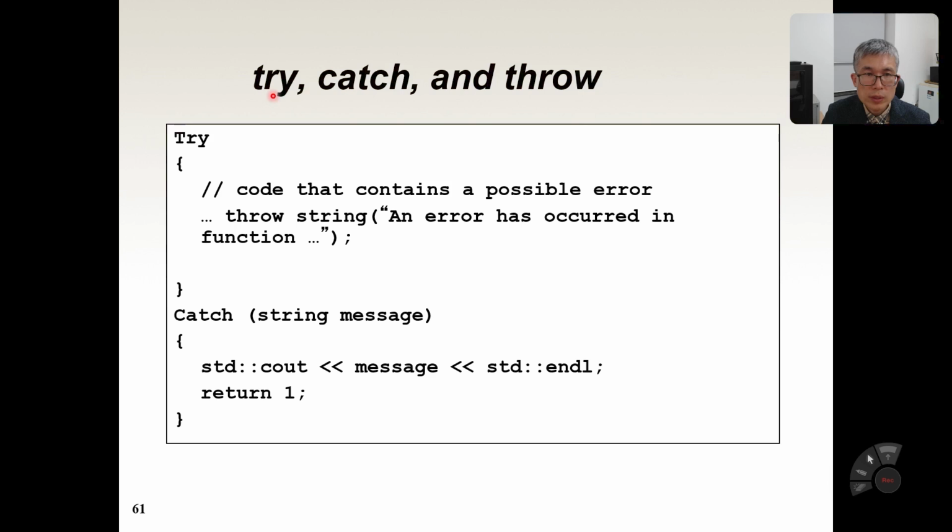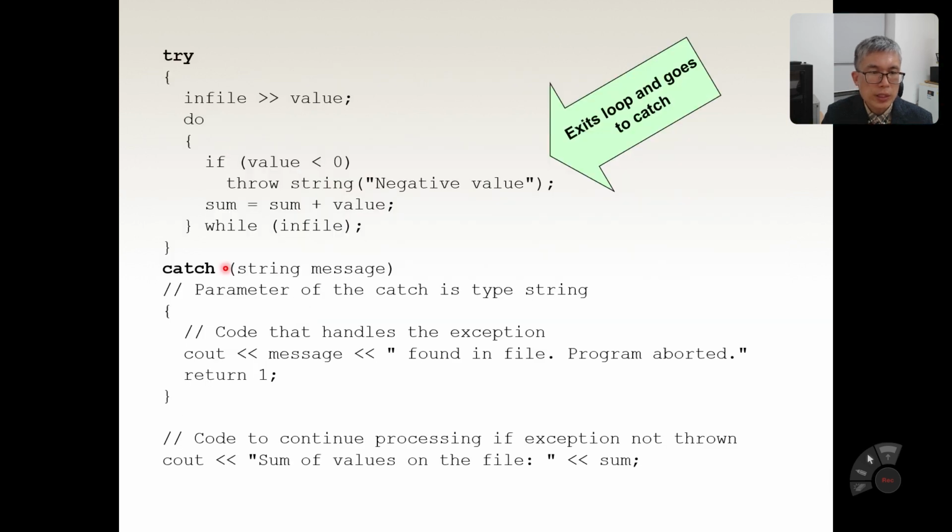So try, catch, throw. Code that contains a possible error, and when an error is detected, a string such as "an error has occurred in function" is thrown and transmitted to the catch function, and the catch function receives it from throw and prints out the message delivered from this try block.